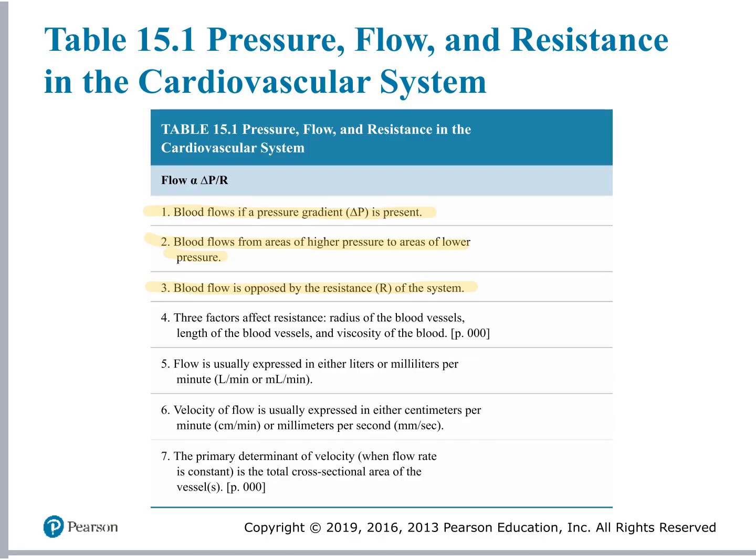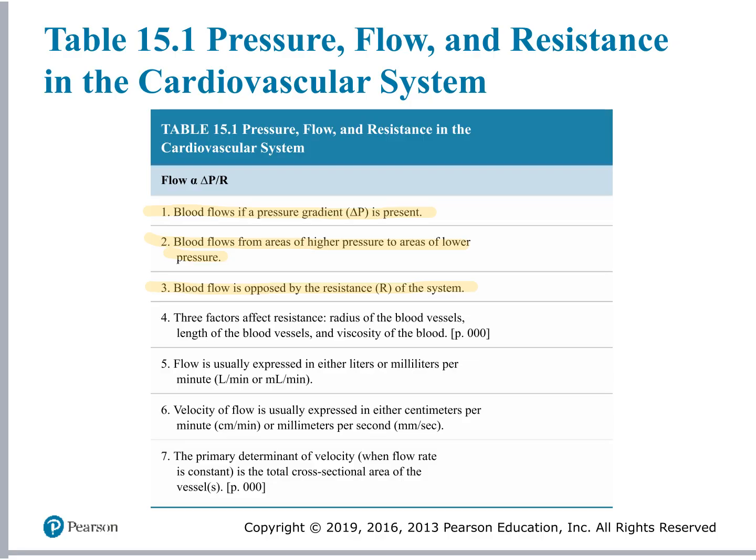That means resistance increases as length increases. Resistance also increases as viscosity increases. And then resistance decreases as radius increases. So as the vessels vasodilate, it decreases resistance and blood flow is increased. Resistance opposes blood flow.